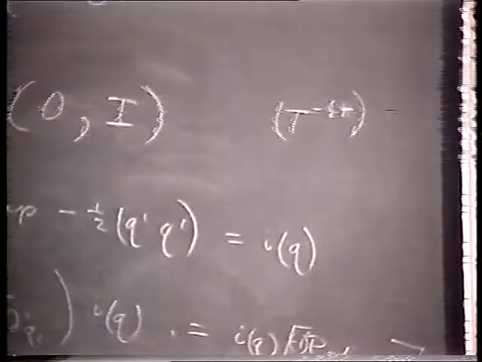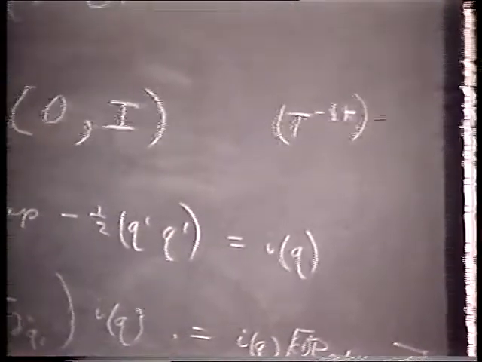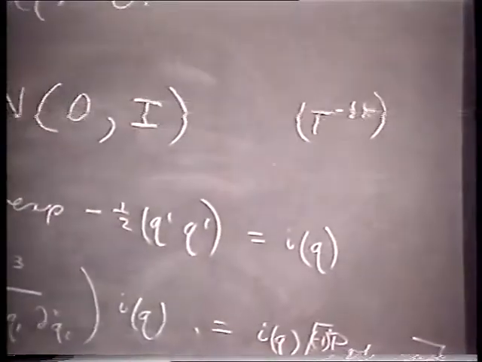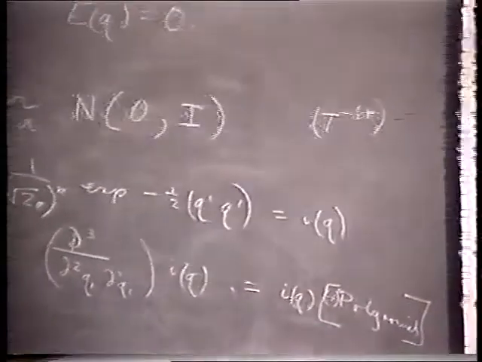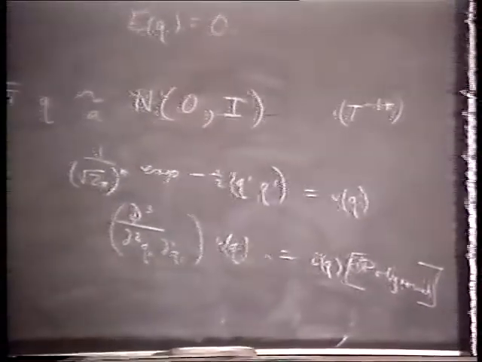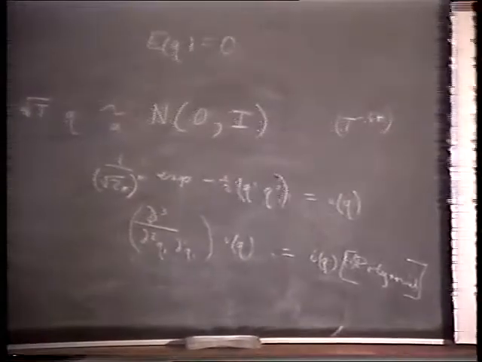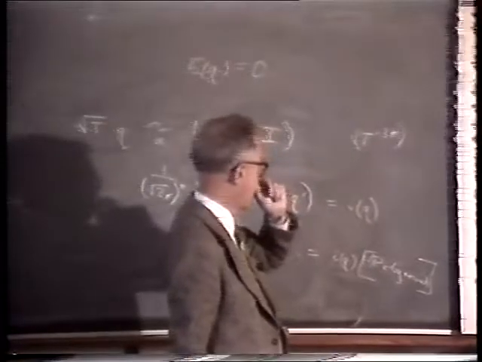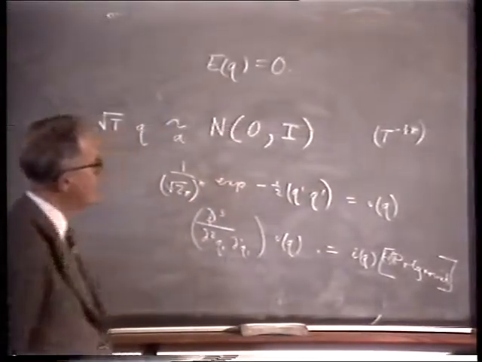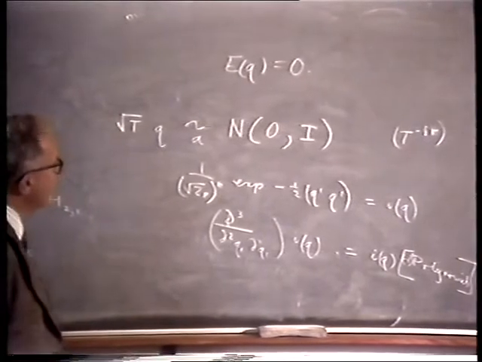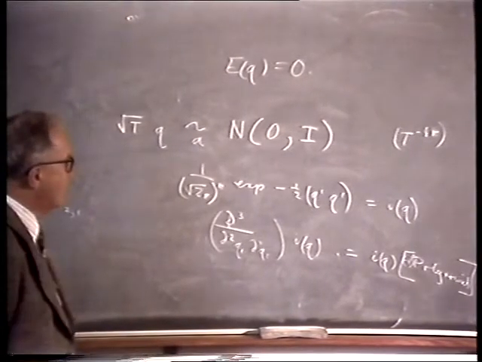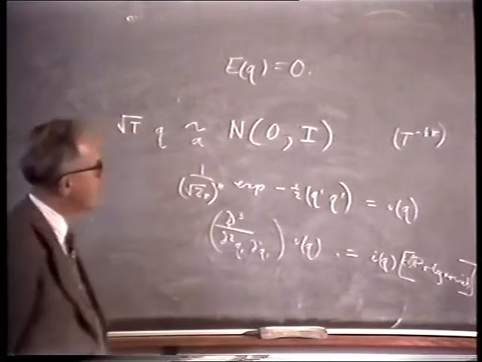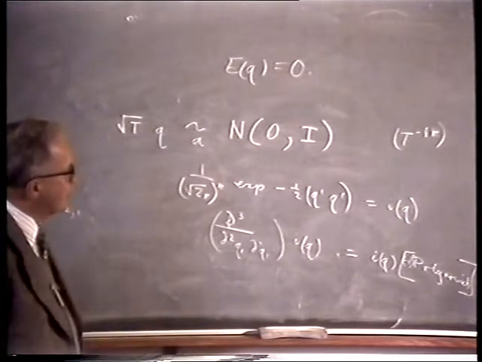What one tends to do is to regroup the terms so that various Hermite polynomials are grouped together which correspond to terms in the multivariate Edgeworth expansion which have coefficients of various orders in t to the minus a half. And one says one has an rth order Edgeworth expansion if the highest order terms in the expansion are multiplied by coefficients of order t to the minus a half r.